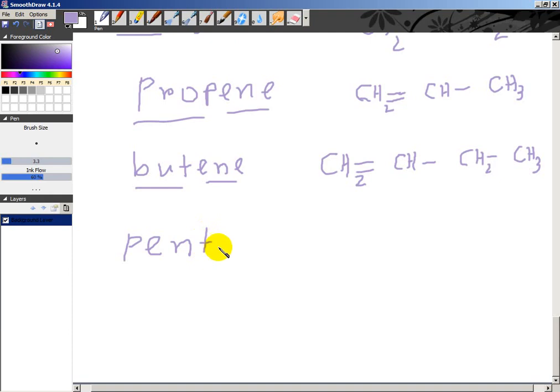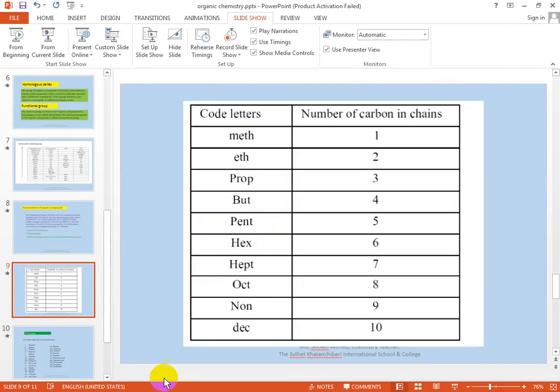Pentene. Pent means five carbons in a chain.